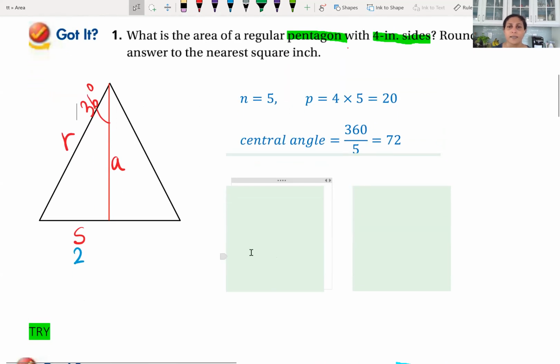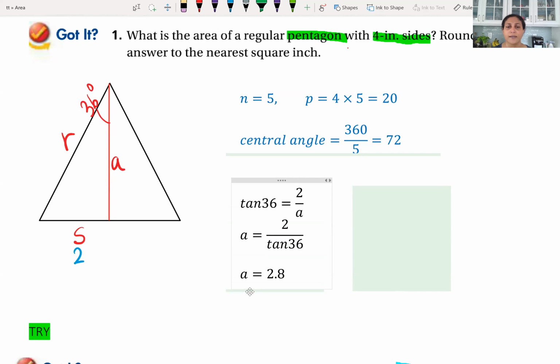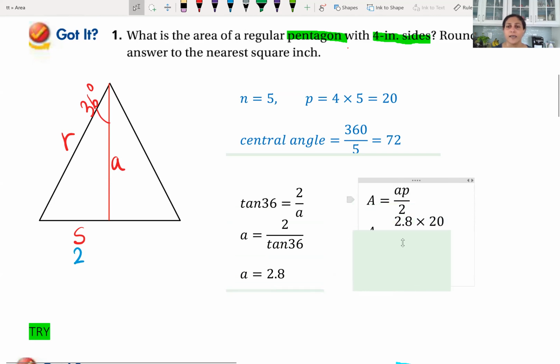We already know that the side is 2 because that's half of 4. And so the apothem is going to be 2 over A is tan 36. You're going to calculate, and even though again I have 2.8, you're going to keep the decimal and then use it in the area formula. And the answer is 28 square inches.